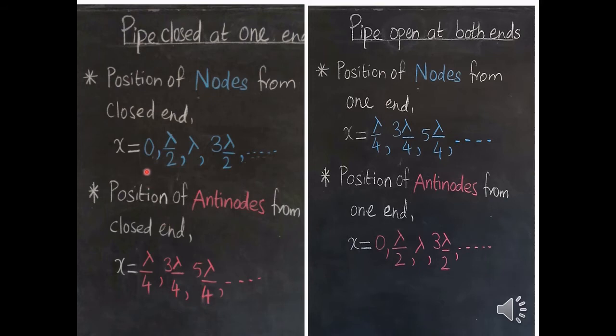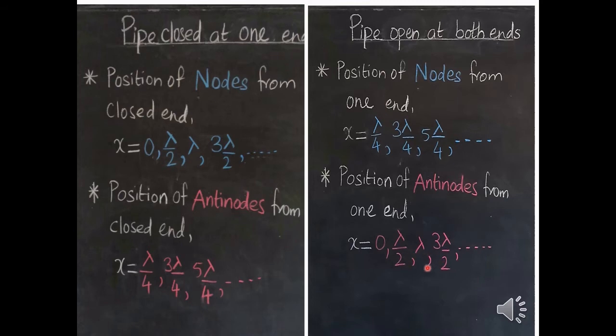Node and antinodes are alternately formed. So if the node is formed at 0, antinode is formed at lambda by 4. The next node is lambda by 2. The next position of antinode is 3 lambda by 4 and so on. Here, in case of pipe open at both ends, the boundary conditions are such that the antinodes are formed at both the open ends. So here the position of antinodes from one end is x is equal to 0, lambda by 2, lambda, 3 lambda by 2 and so on.